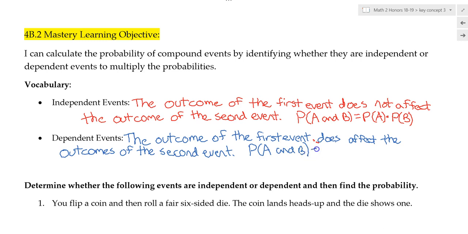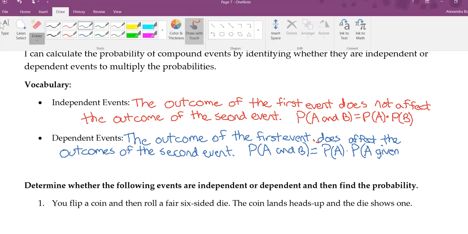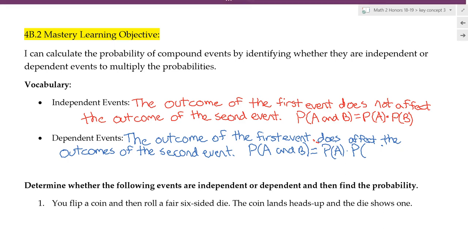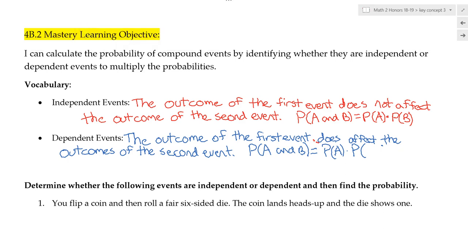The probability of A and B equals the probability of A times the probability of B given A. Since it affects it, instead of just multiplying by the probability of B, it's the probability of B given A has already happened.